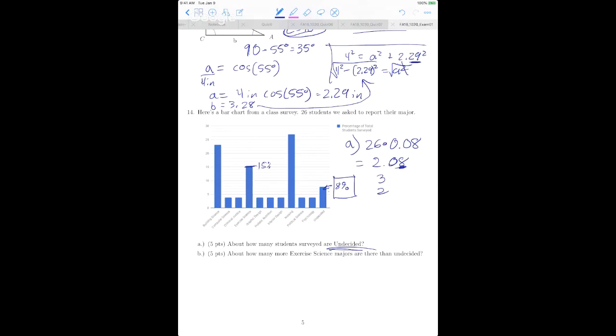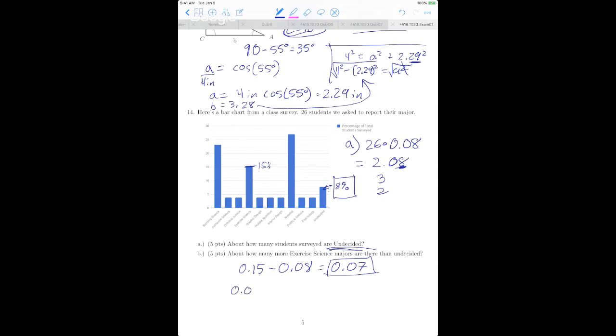So again, there's a couple ways to go about this, right? We know there's 2 or 3 students. I'm going to compare the percentages for it, right? 0.15 minus 0.08 gets me 0.07. This is the decimal difference, right? 7% of students is the difference between the number of undecided and the number of exercise science.